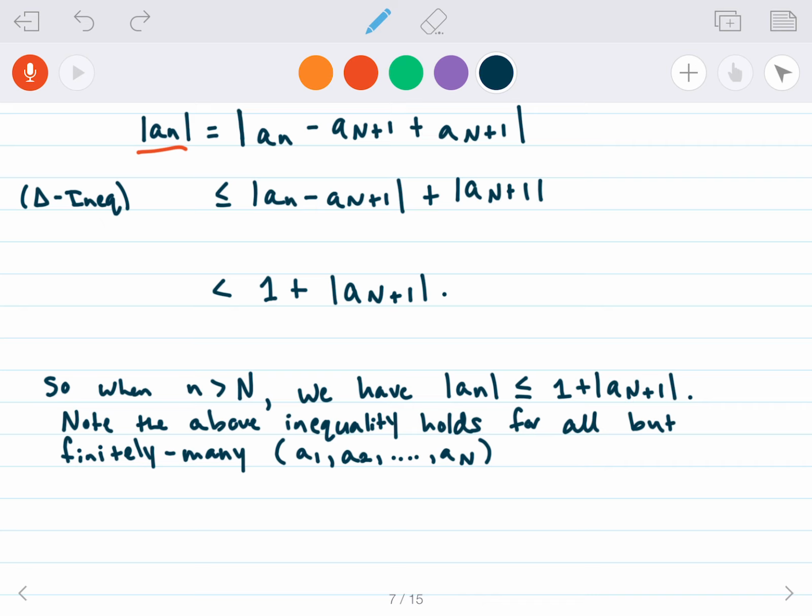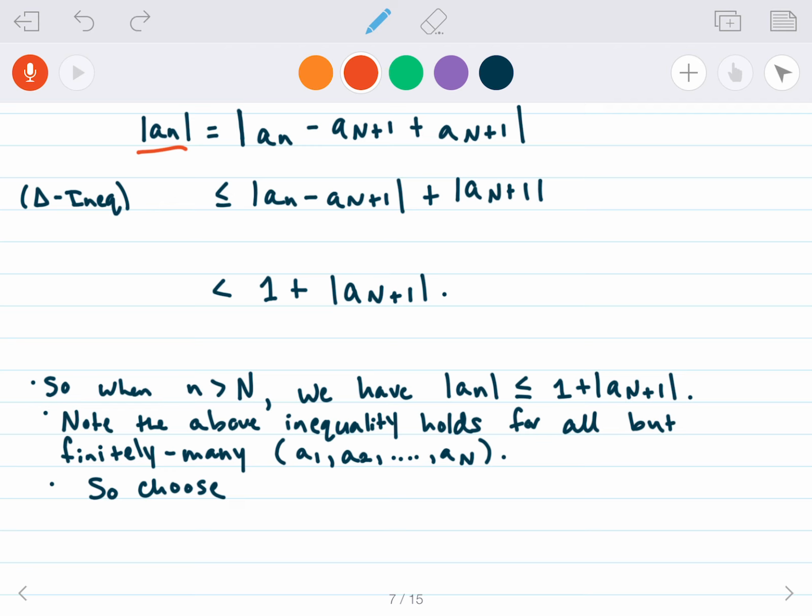Okay? So how are we going to fix this? Well, remember, every finite set has a maximum. This is a finite set with capital N elements. So there's some largest element here.